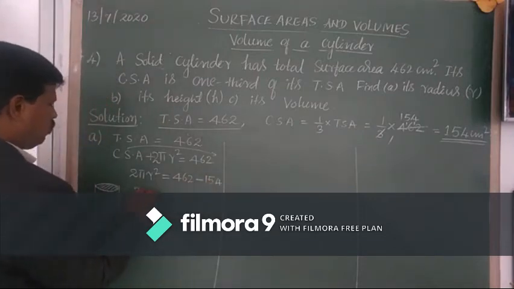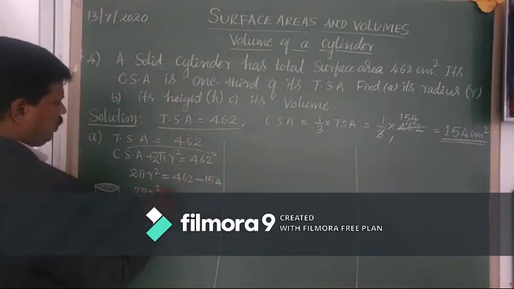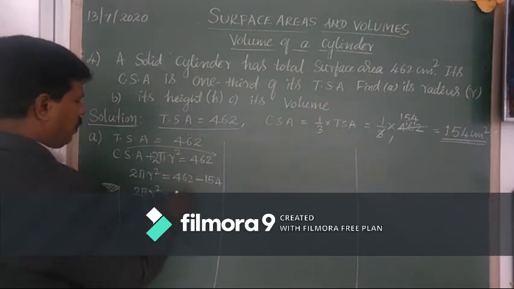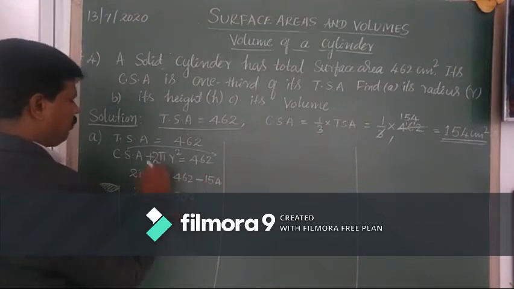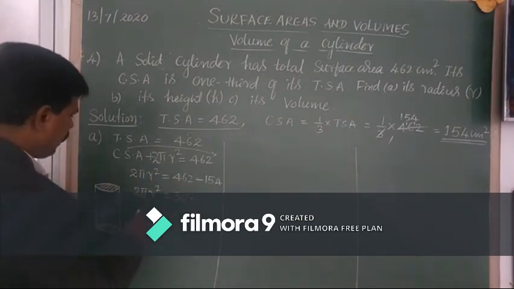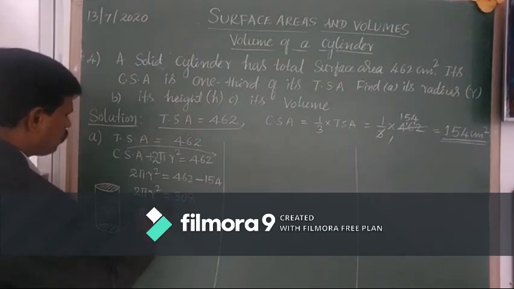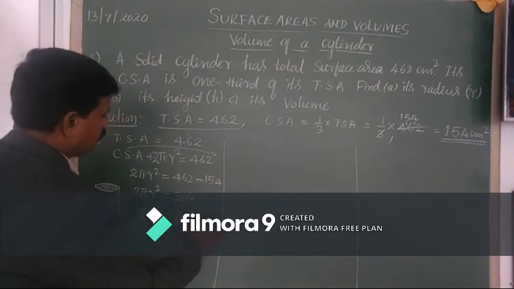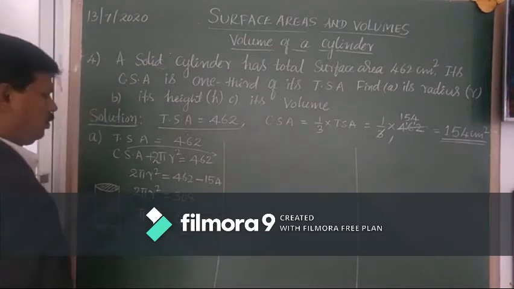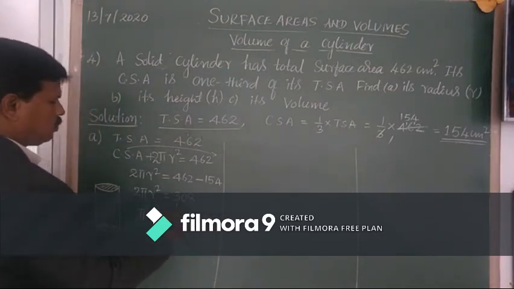So 2 pi r square is equal to 308. Then pi r square is equal to 308 by 2, that is 154.